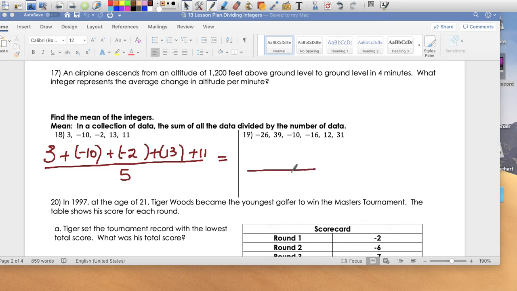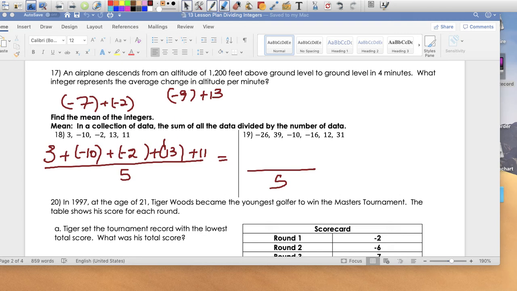Okay. So 3 plus -10 is -7, right? -7 plus -2 equals -9. And then -9 plus 13. Is that 13 positive? Yeah, it's 13 positive.